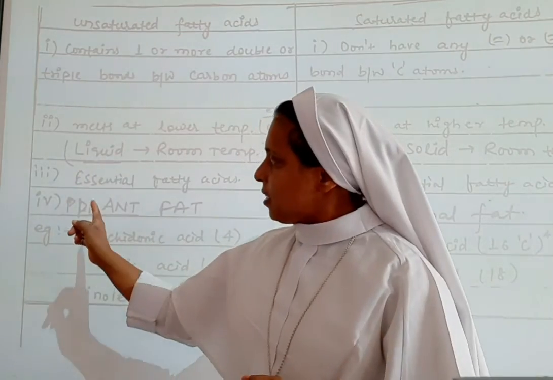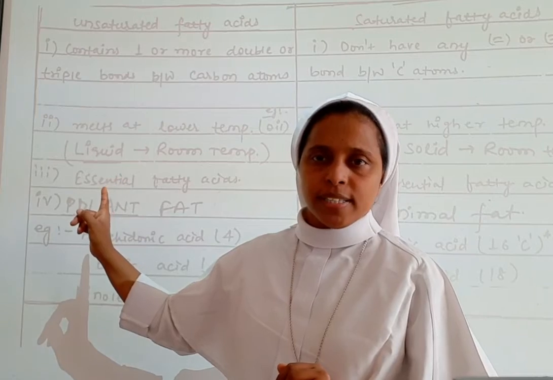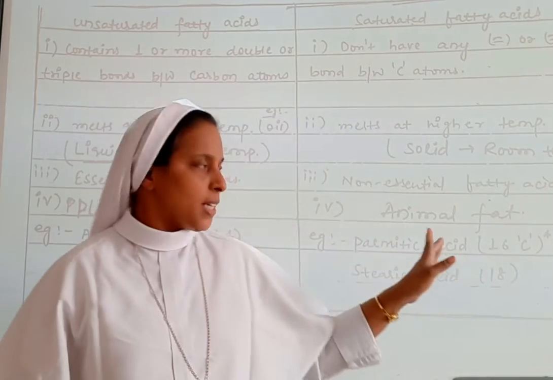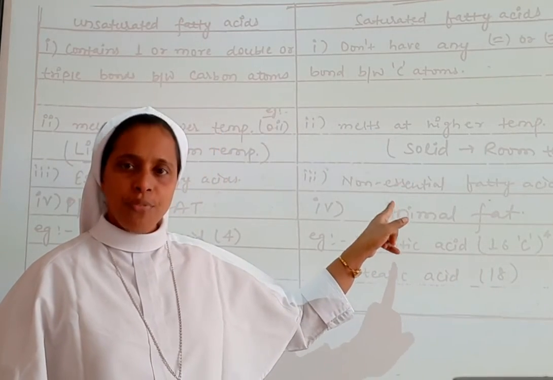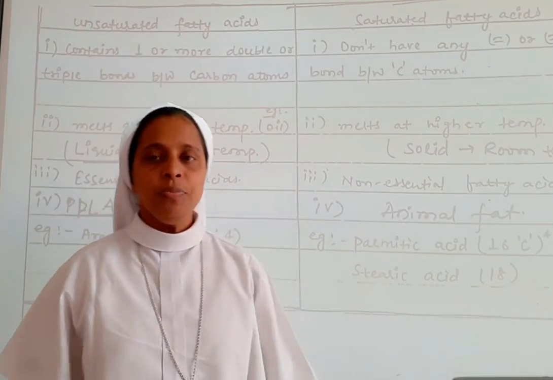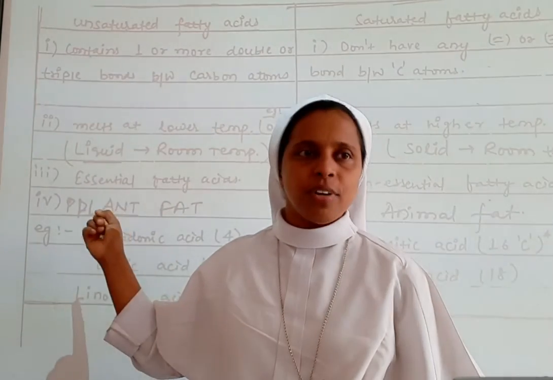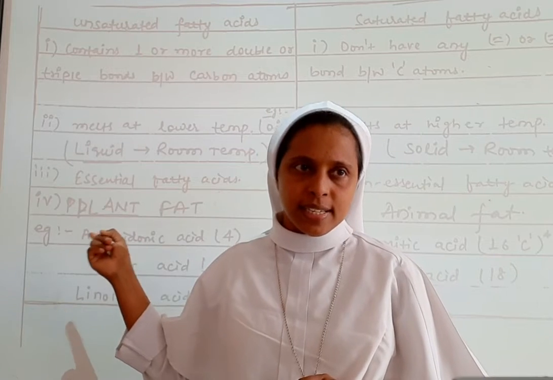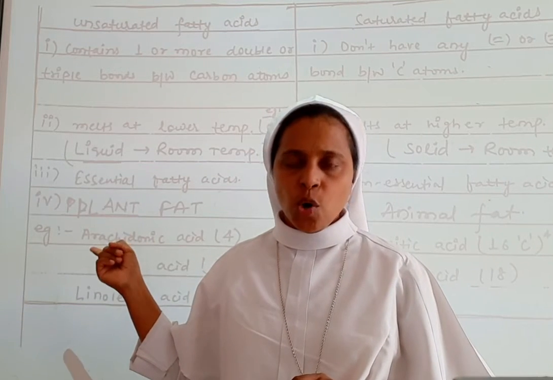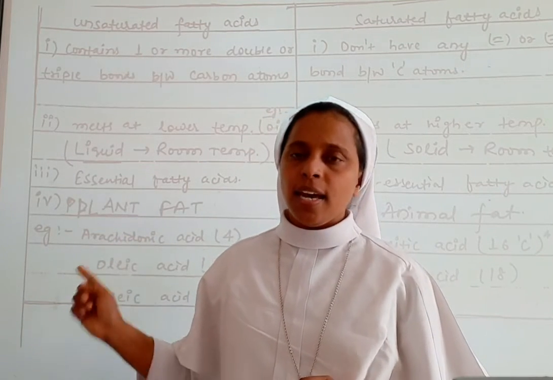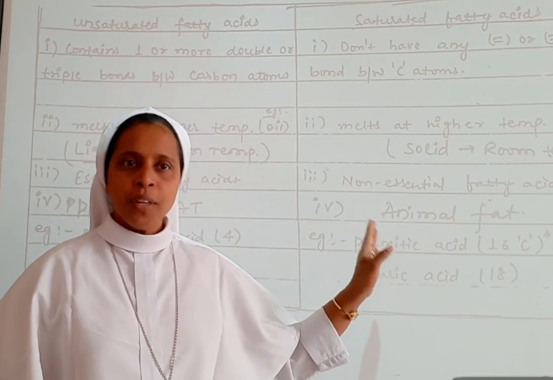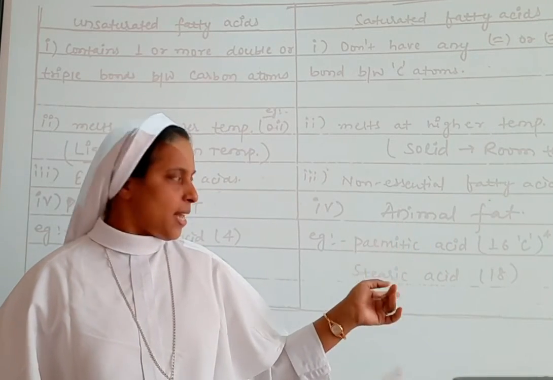The source of unsaturated fatty acids is plant fat, and of saturated fatty acids is animal fat. Examples of unsaturated fatty acids are oleic acid, arachidonic acid and linoleic acid. For saturated, we have palmitic acid and stearic acid.